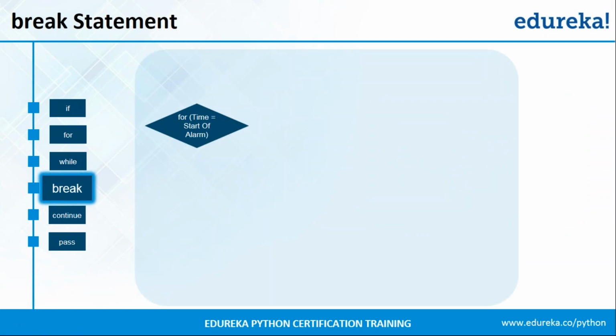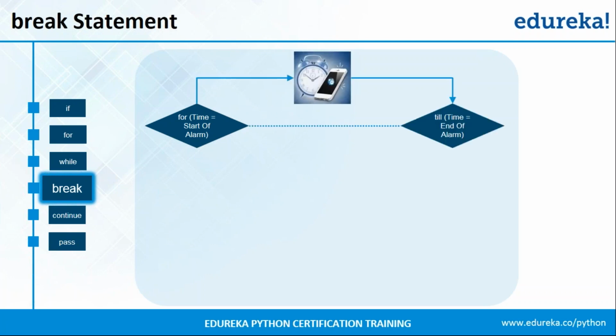Let me give you a real life representation of a break statement. Let us take the example of the alarm on your phone. Your alarm will keep on ringing, and we don't know the time duration. Maybe it can be 2 minutes, 1 minute, or however long your alarm rings. It will keep on ringing until you snooze it or turn it off. Now let's say you get an incoming call while your alarm was ringing.